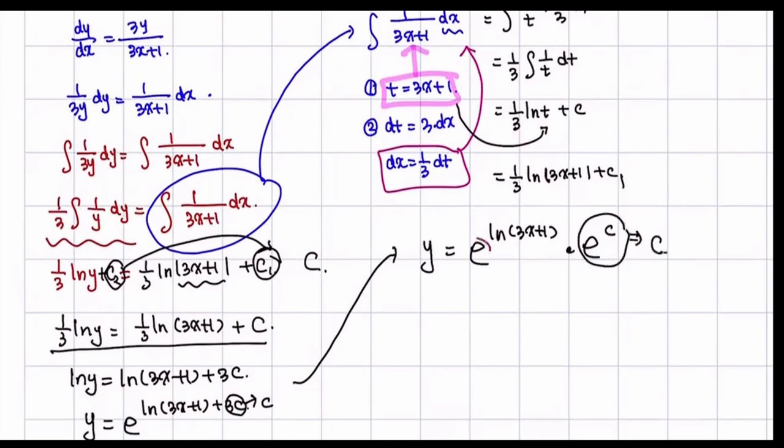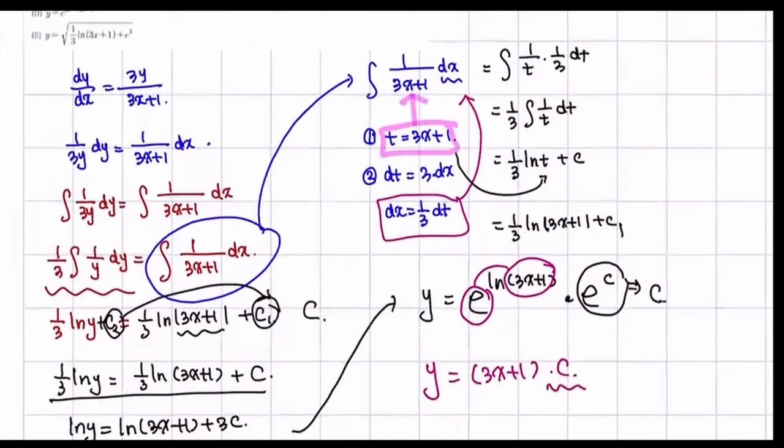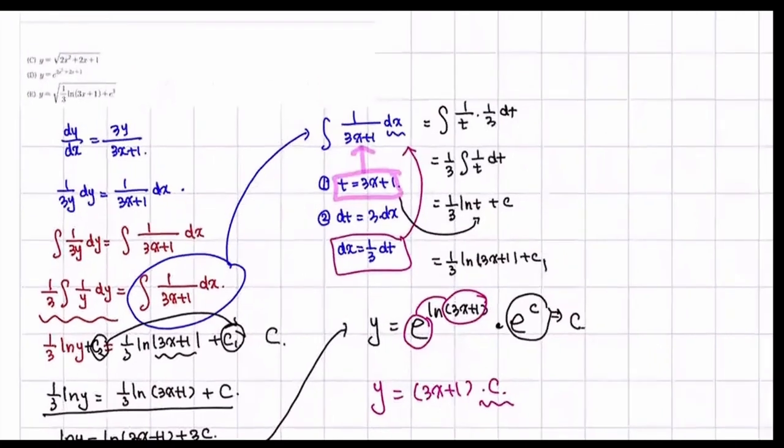And exchange these two parts. By ln's property, y equals c times 3 times x plus 1. To find this constant, let's use the initial point x equals 0, y equals e.